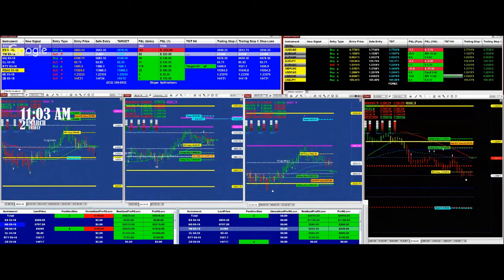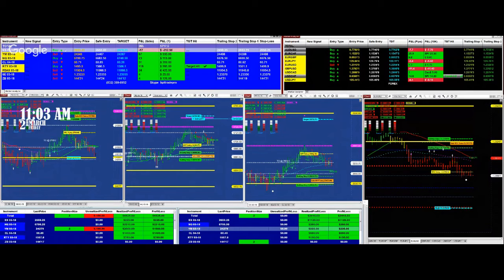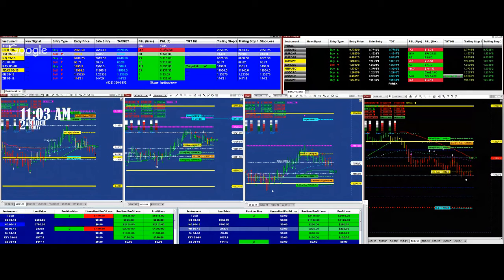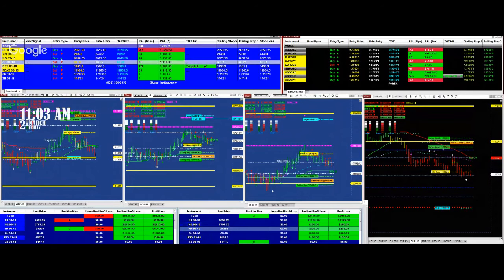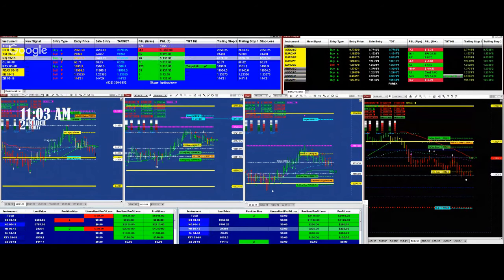And when the ES is on the buy signal and the YM on the sell signal and the Nasdaq on the buy signal, there is something wrong in there.